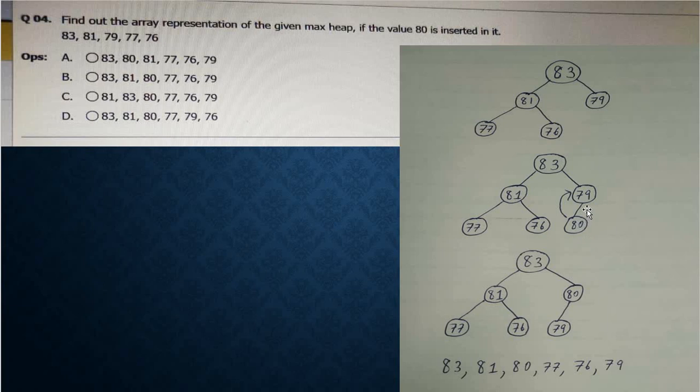So when 80 is inserted here, the 79, which is less than 80, violates the property of max heap. So it will be interchanged and 80 will be placed in place of 79 and 79 will be the child of 80. And finally we will get the following as the array representation of the given max heap. For this, the answer is option B.